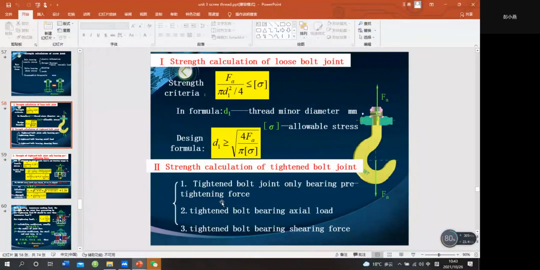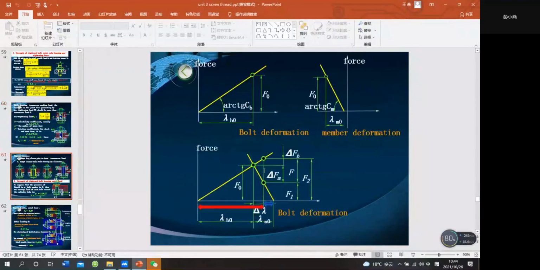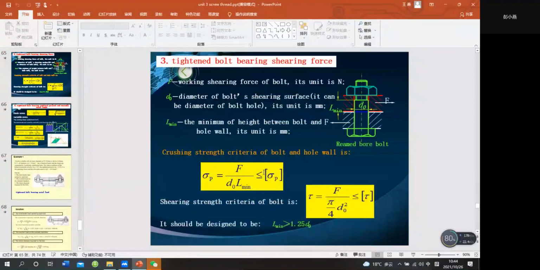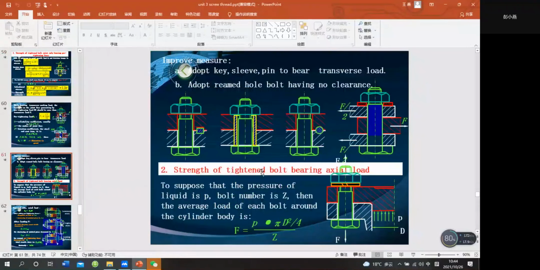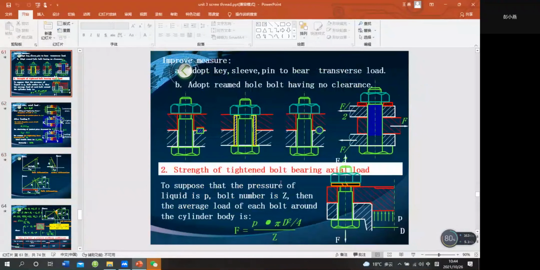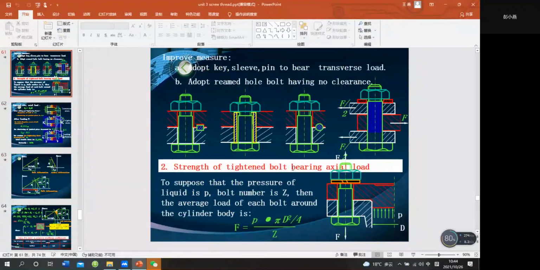Which of the three conditions is our example? The second condition, the tightened bolt bearing actual load. Okay. So for the second condition, we consider the actual load.